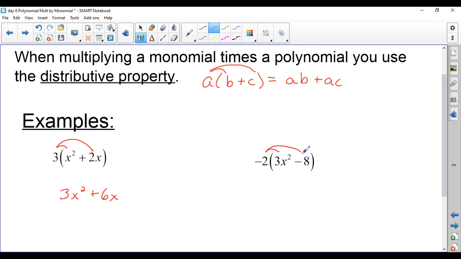When I distribute a negative, be careful with my signs. -2 times 3x squared, -2 times 3 is -6x squared, and then -2, this is -8. Negative times negative is plus 16. In both of these examples, our monomial was a constant.